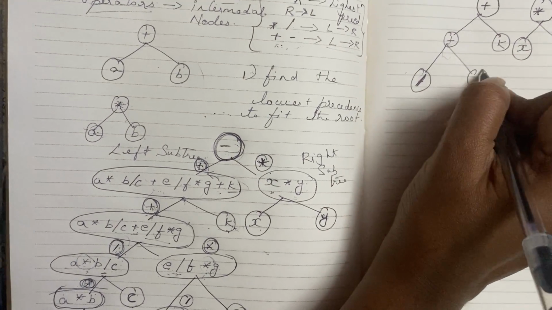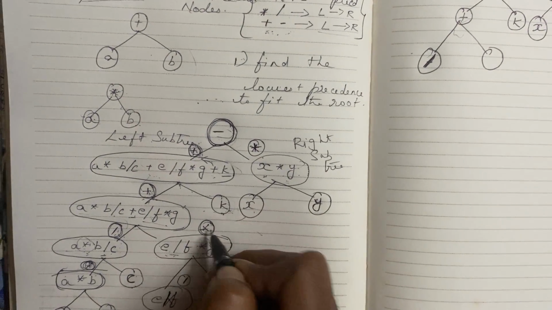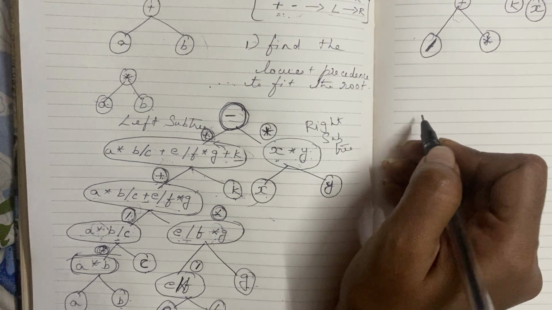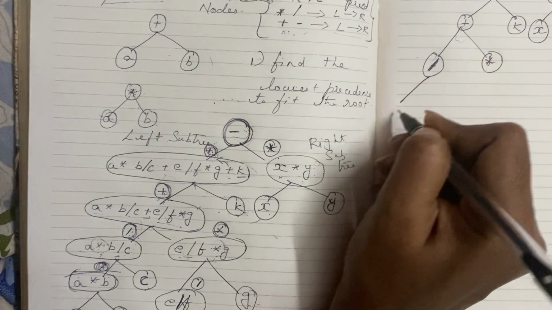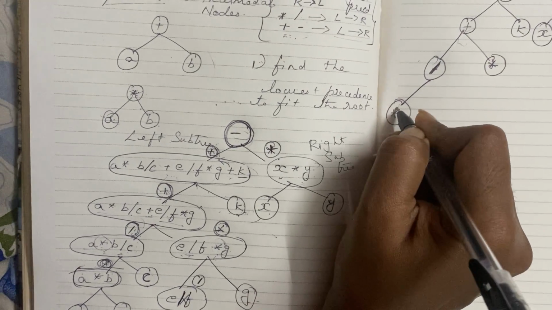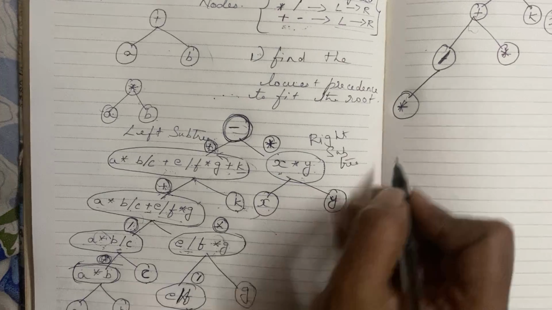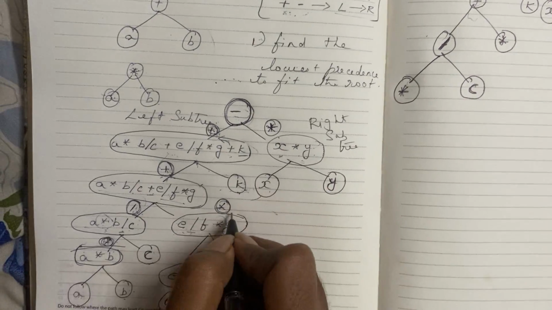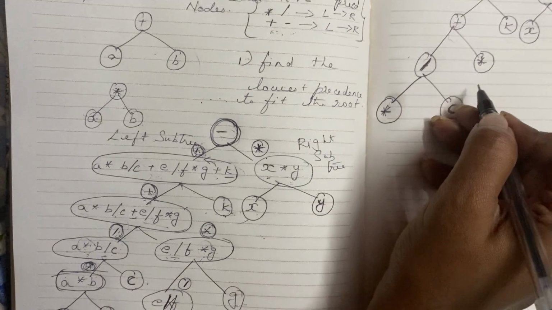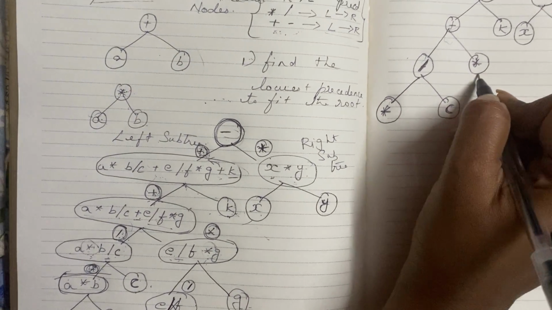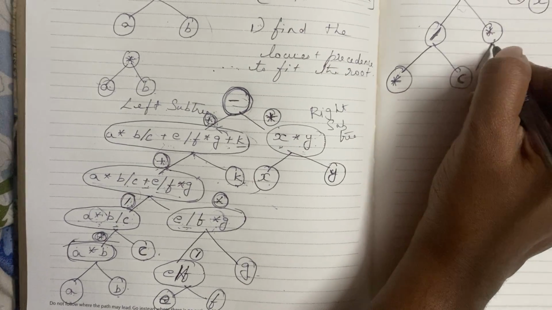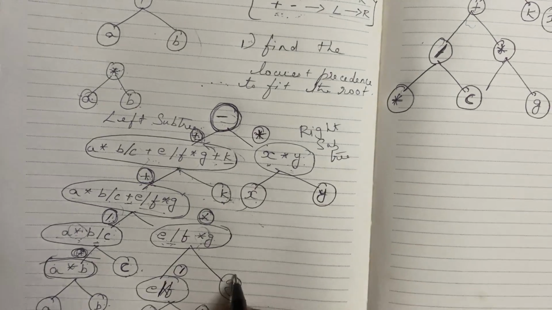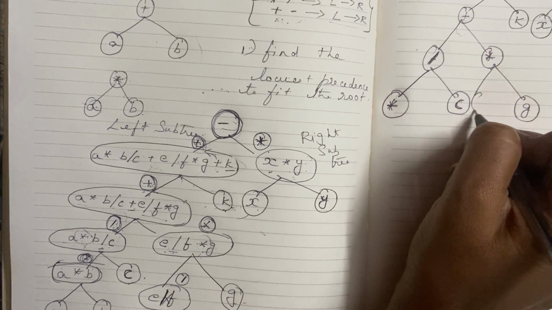And the right side is your, what did we have here? Multiplication here, and again you are having this multiplication here, and towards one side you have an operand, you have c. And this multiplication again you have g towards one end, and this is extending again.